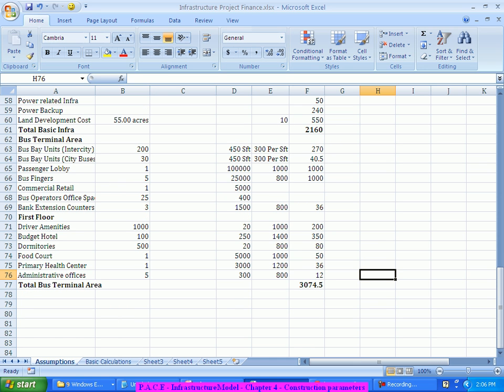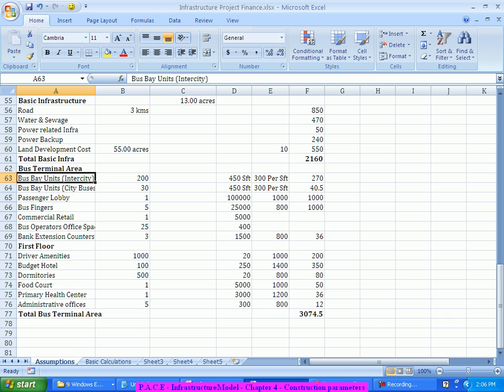Then we are looking at parking, because all these again will have some revenue assumptions. Each of these things, because probably if I'm developing a bus bay unit, I may collect some revenue. So now I need to think of what are the sources of generating revenue.